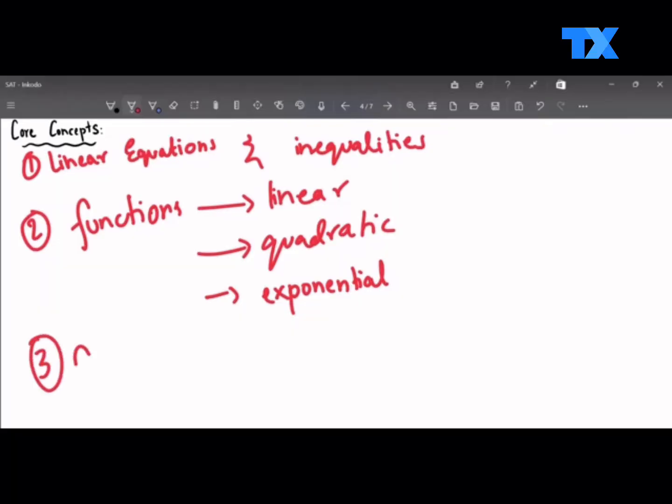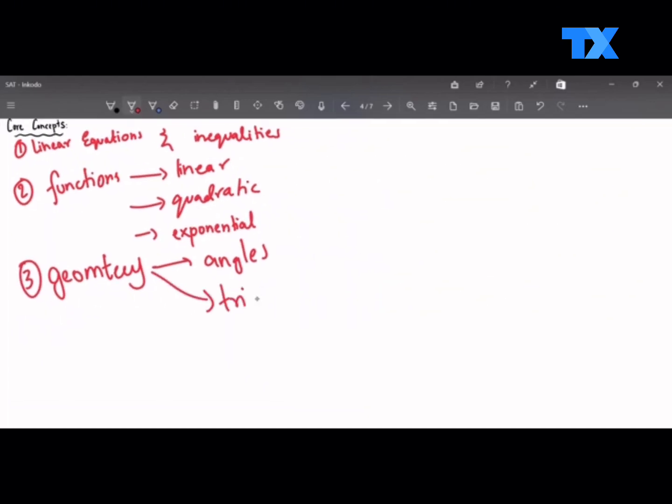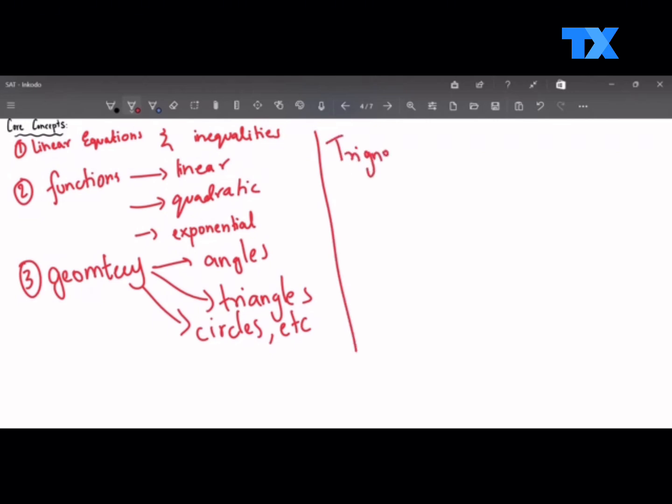And the other topic is geometry. You have angles, you have triangles, and then you have circles, etc. The other core concepts you should have include some trigonometry basics, just basics, nothing in detail, and you should also have some data analysis skills and some understanding of how to analyze data.